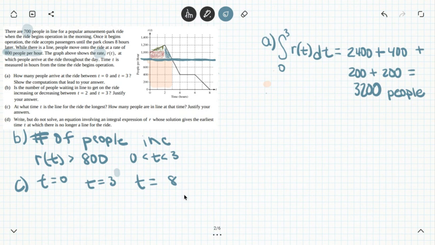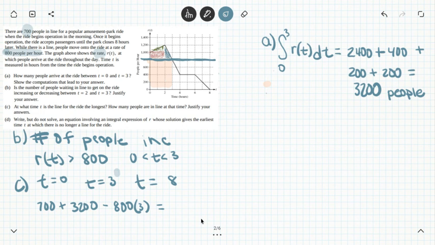So if we're looking for when the line is the longest, at time equals 0, we have 700 people. So the line has 700 people. At time equal 3, we have this number of people that have arrived, which is the 3,200, plus the 700. So that's the number of people that have come to the ride. But then we're going to subtract from that the people that have left, which is 800 people per hour, and there have been 3 hours.